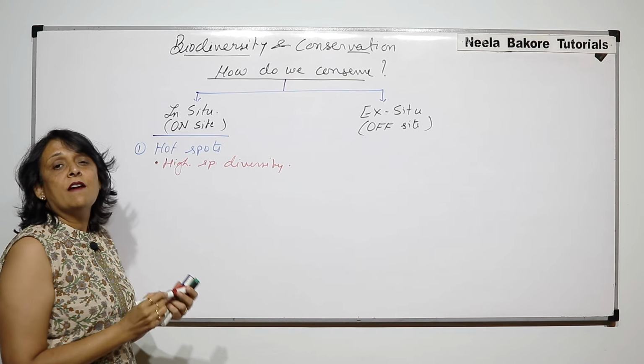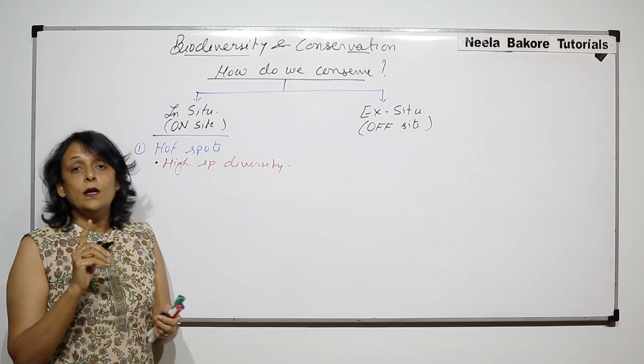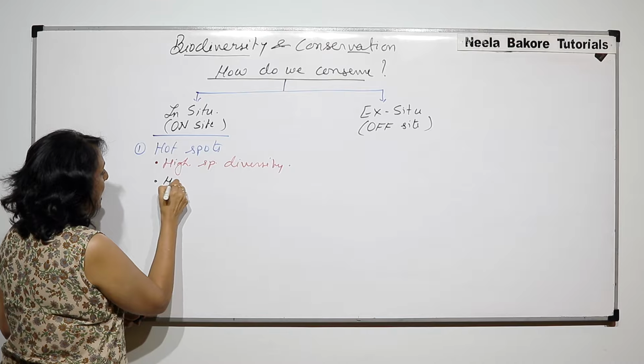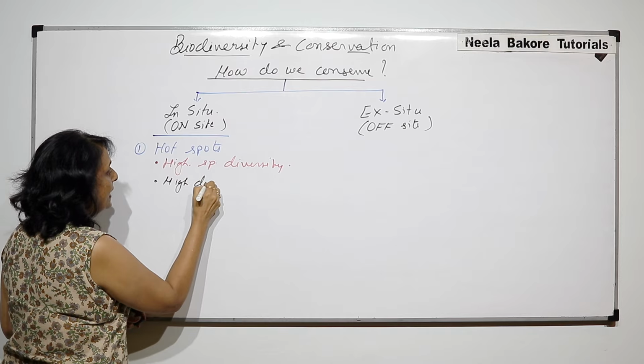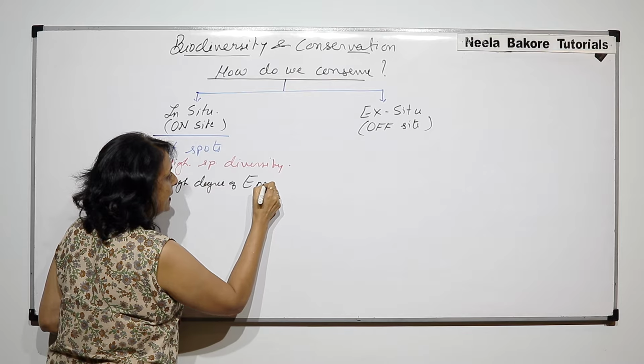Such areas which have very high species diversity, that will be called a hotspot. It has high degree of endemism.